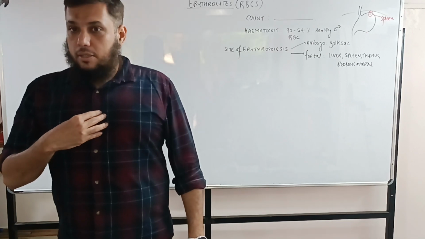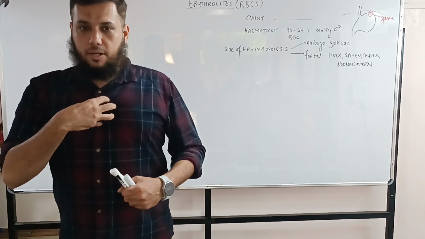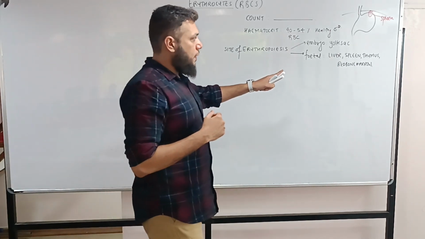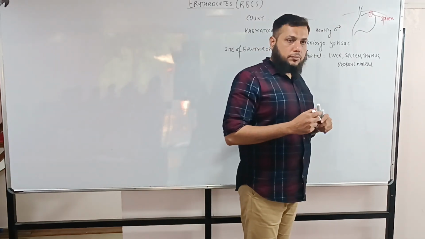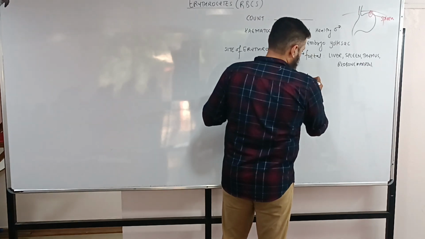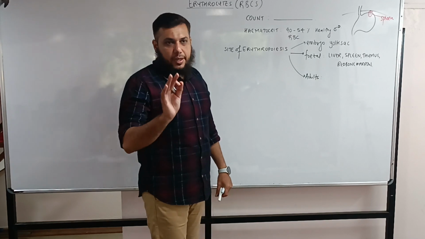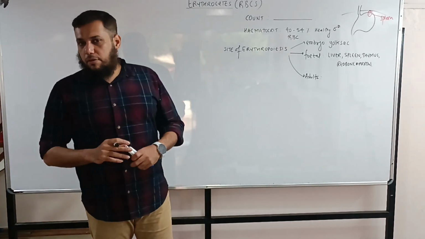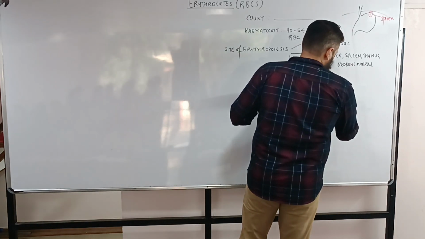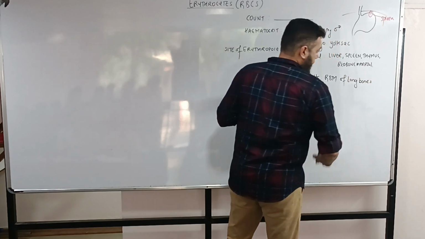You know, you got the heart. From the heart arises the aorta. So, near the heart, you can see there is an organ which is called as thymus. Here. Then, once you become adults, the main site of red blood cell formation is your RBM, red bone marrow of long bones.